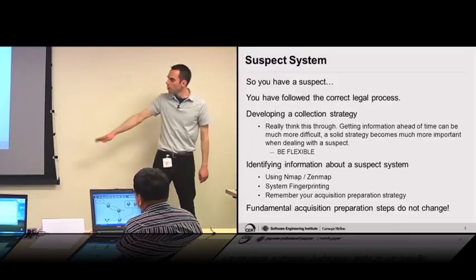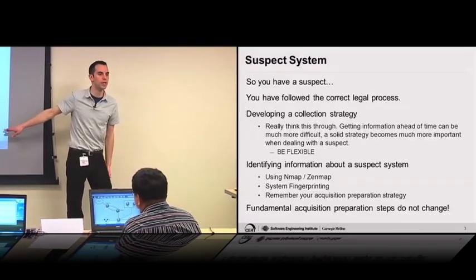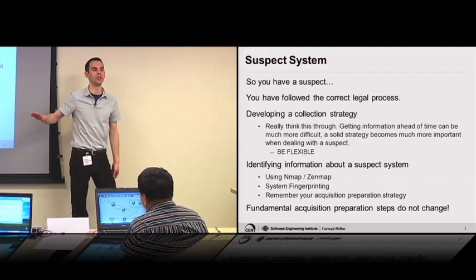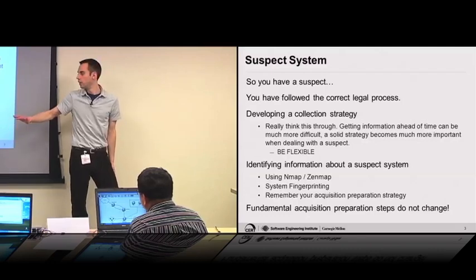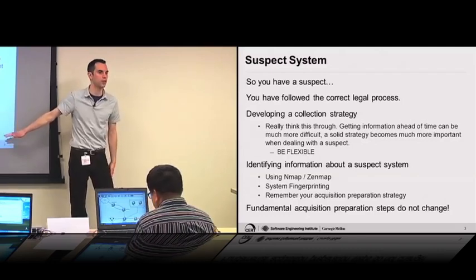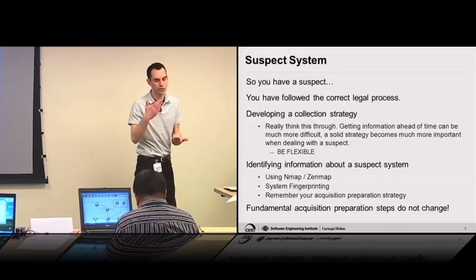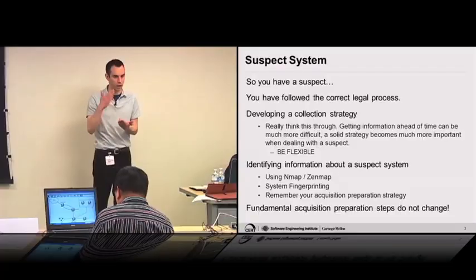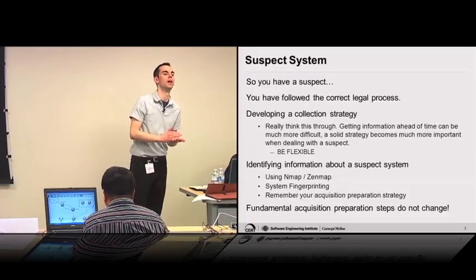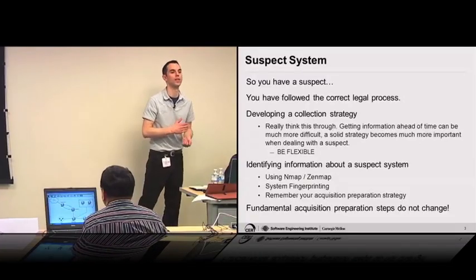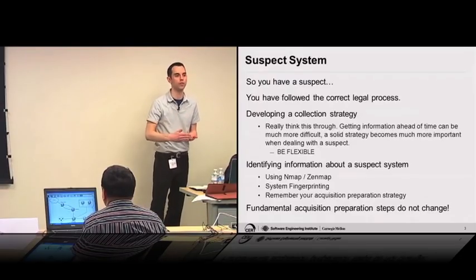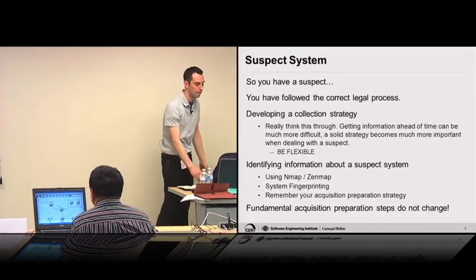And I want to make it clear that no matter what, whether we're dealing with a victim organization, a suspect organization, or doing something internally, the fundamental acquisition or collection process doesn't change. It's still important to document what you're doing, to have proper chain of custody, to identify the relevant evidentiary sources, and take the measures to do that.